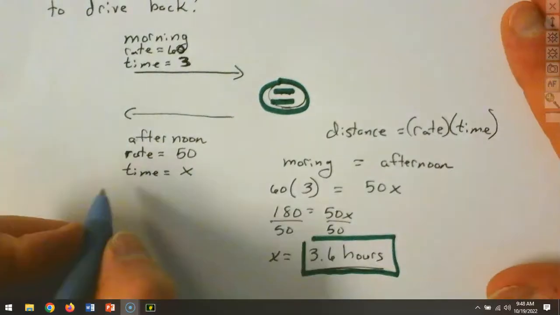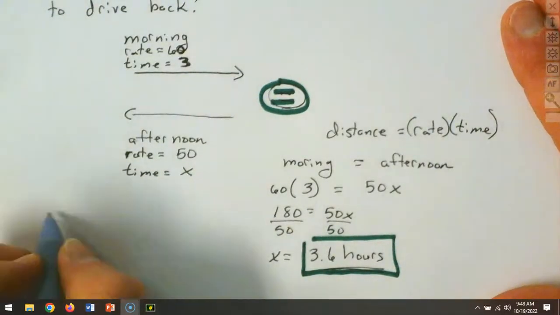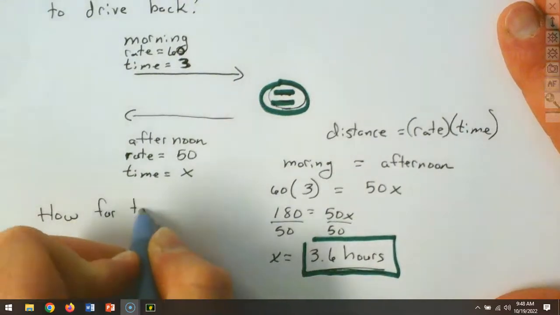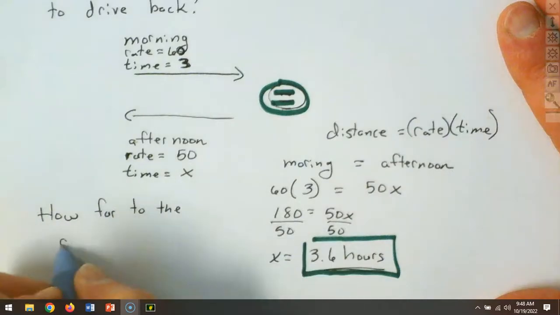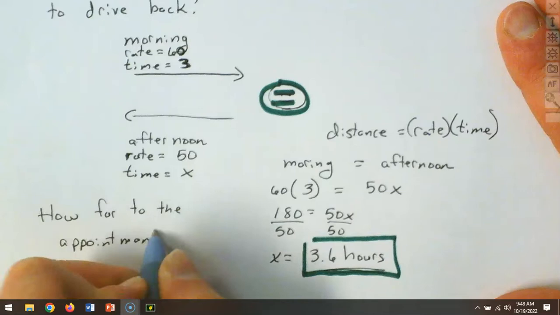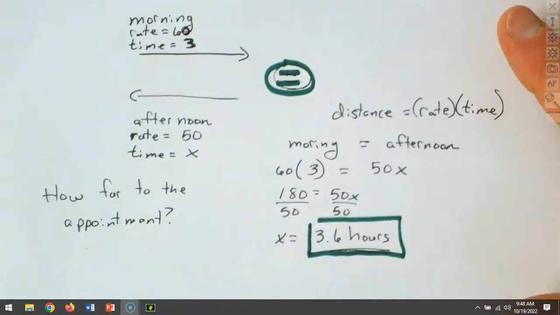Let's go ahead now and find the distance. How far is it to the appointment? Let's try to figure that out as well. How many miles is it to that appointment? Does anyone know how far it would be?